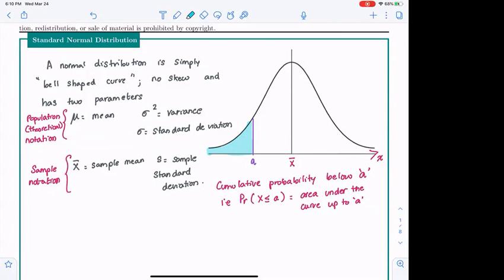But what we have is a curvy area. It's not a rectangle or a square. So if we want to find the area, we have to rely on the calculator. So we will use the calculator to find this cumulative probability. But the key thing to understand here is if we're trying to find the probability x less than or equal to a, that corresponds to the area under the curve.